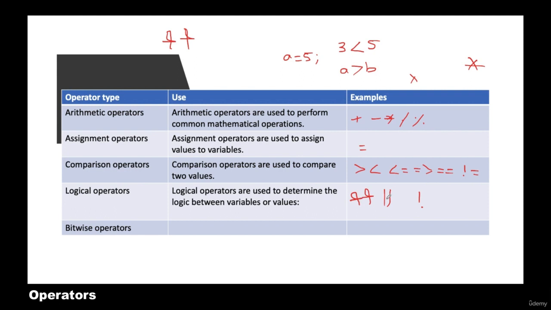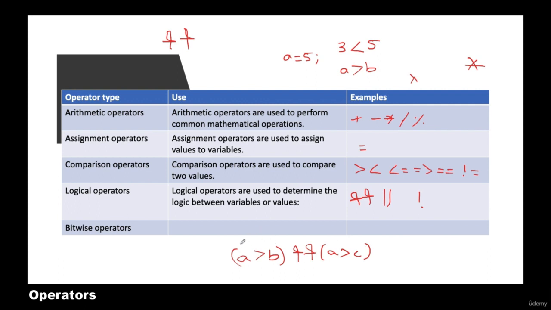I can show you an example for easiness: A greater than B and A greater than C. This is an example of using the AND operator. This condition will be true only if A is greater than B and A is greater than C at the same time.